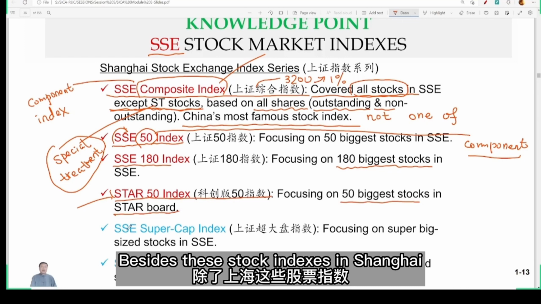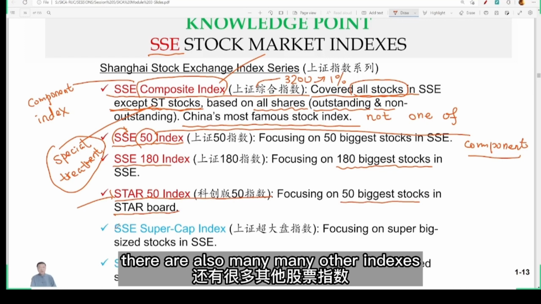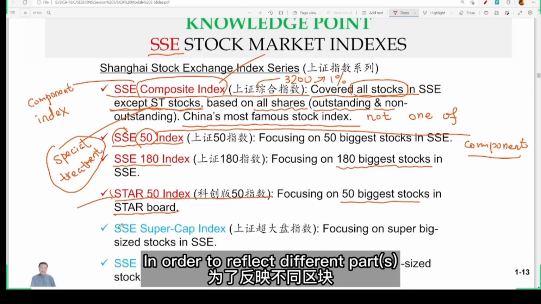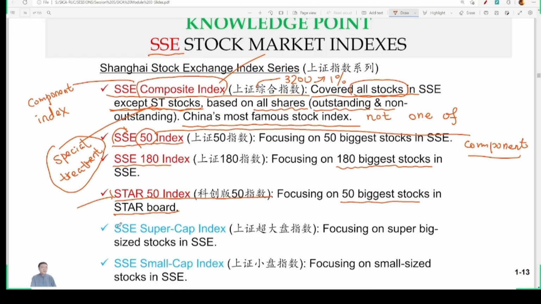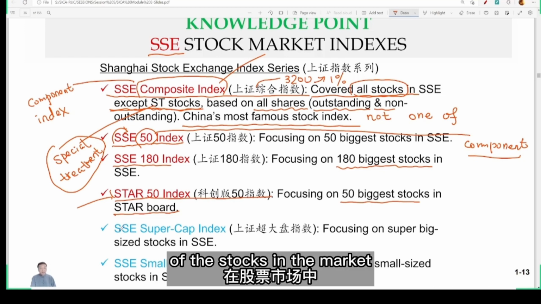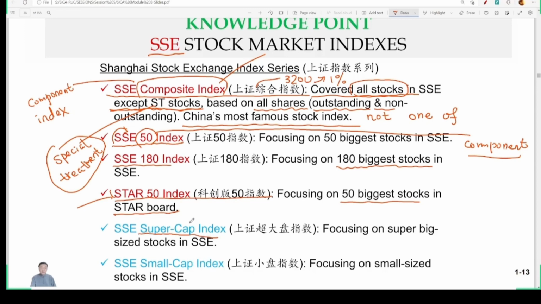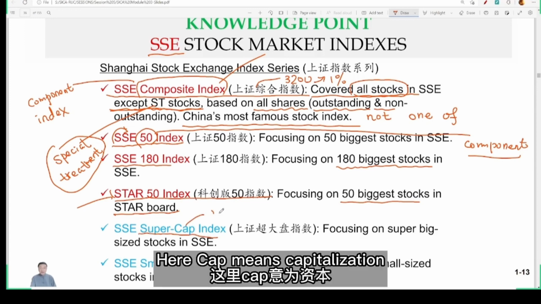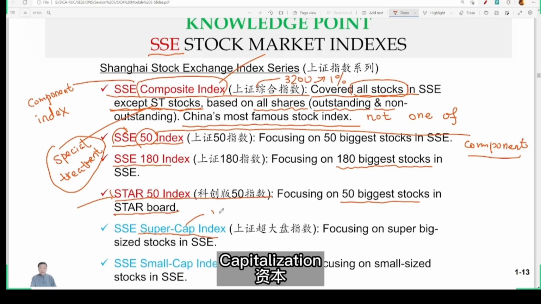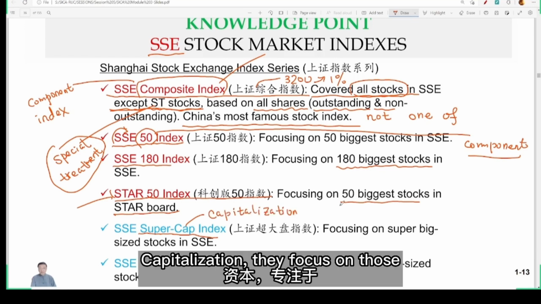Besides this stock index, in Shanghai, there are also many other indexes in order to reflect different parts of the stocks in the market. For example, the SSE Super Cap Index. Here, cap means capitalization.